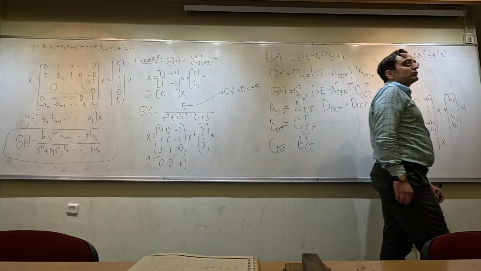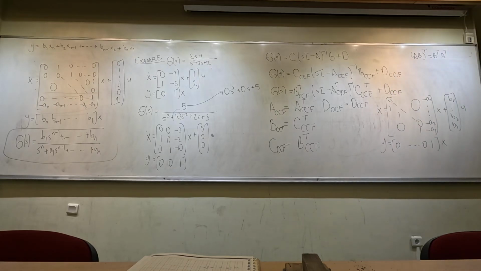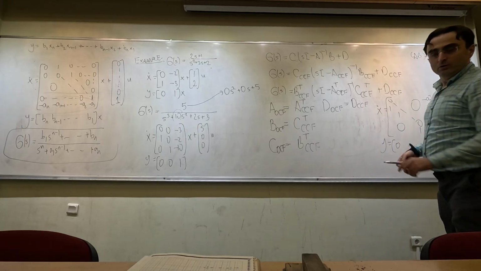I have defined something called observable canonical form. What is that? Y equals some states vector. But there is also another property of a state space representation, which is called observability.